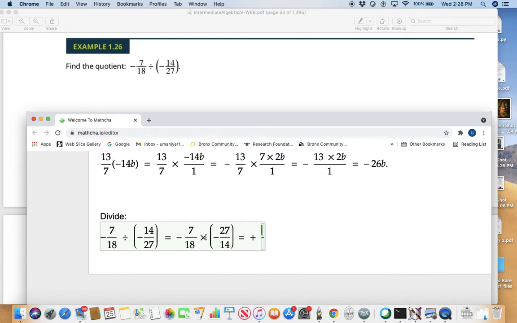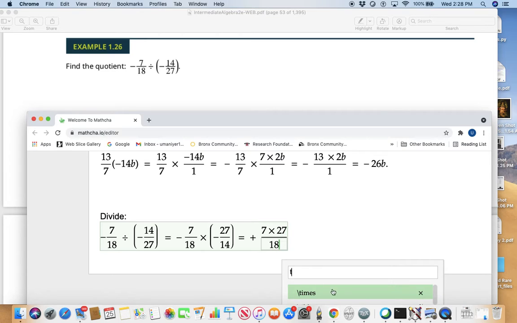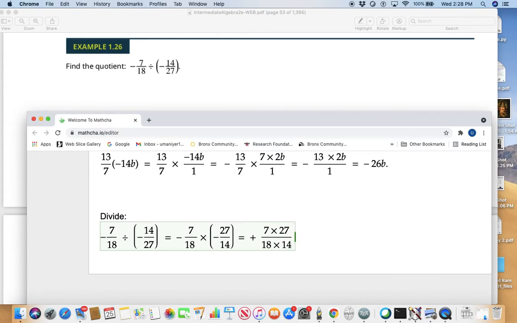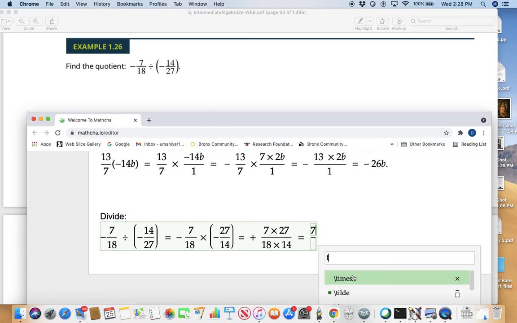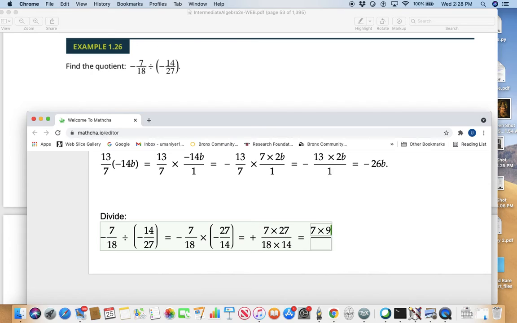So fraction, how do we multiply fractions? Numerator, numerator, denominator, denominator. Now we are ready to start simplifying, right? Okay. 27 and 18. So how about 9? 9 times 3 is 27. 18 is 9 times 2.